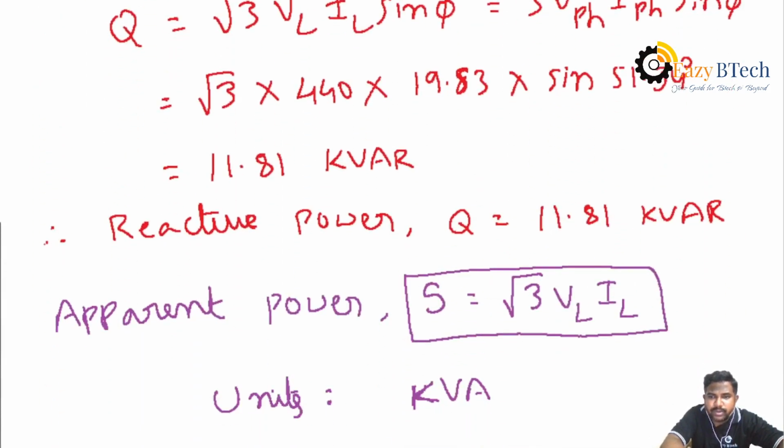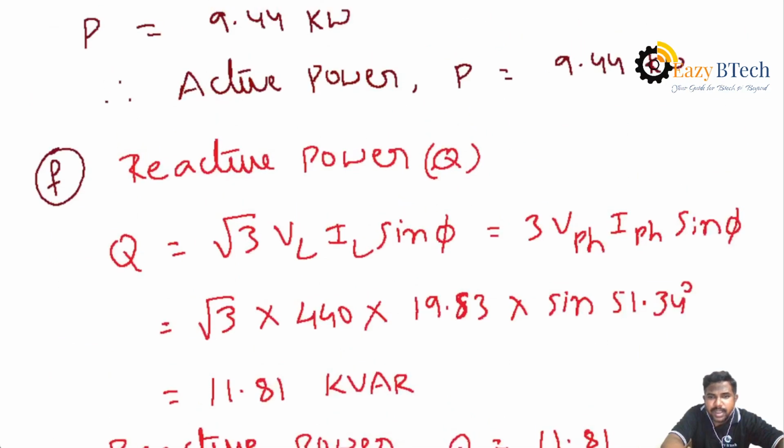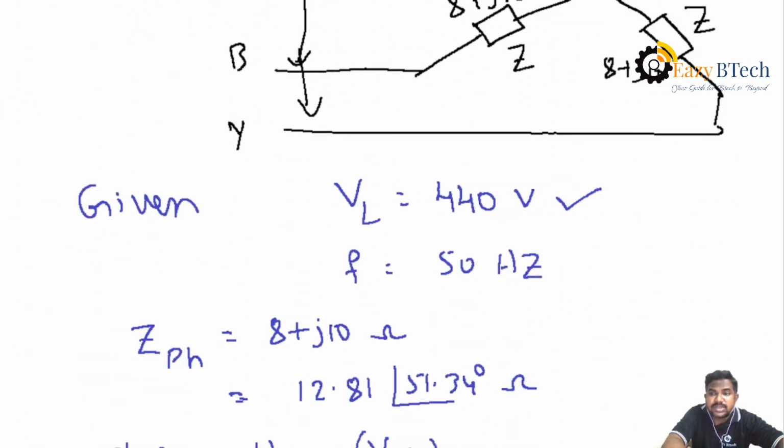The unit of reactive power is kVAR, or kilovolt ampere reactive, and the unit of apparent power is kVA. By using these formulas, you have to find all three powers: active power, reactive power, as well as apparent power. These are the main calculations in the problem of the balanced star system.